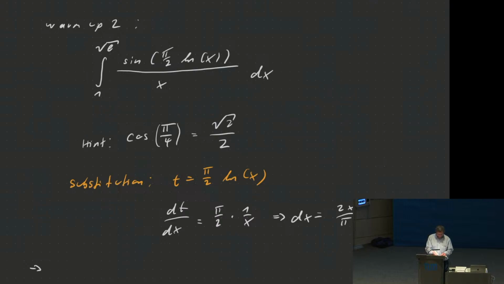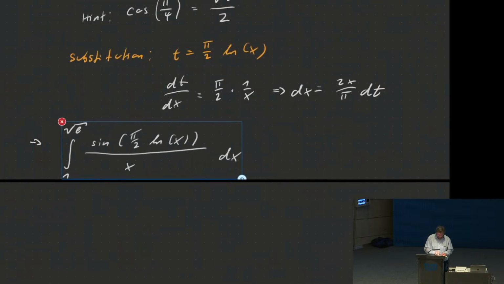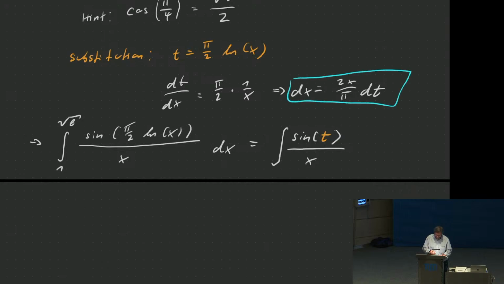So let's copy that integral. Just a second. All right, so now if I do the substitution, what I get here is, of course, the sine of t, right, instead of this ln expression over x, and then instead of my dx, I replace that with this expression I computed, so 2x over pi dt.